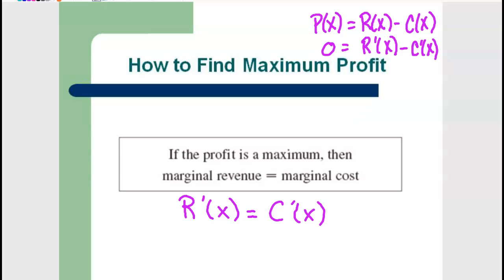If profit is revenue minus cost, maxes occur at the zeros of the derivative. So 0 equals R prime minus C prime, or you could just add C prime over. So max profit occurs when the rate of change of revenue is equal to the rate of change of cost.